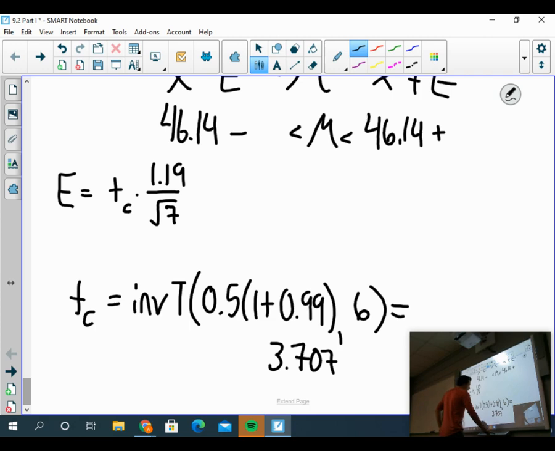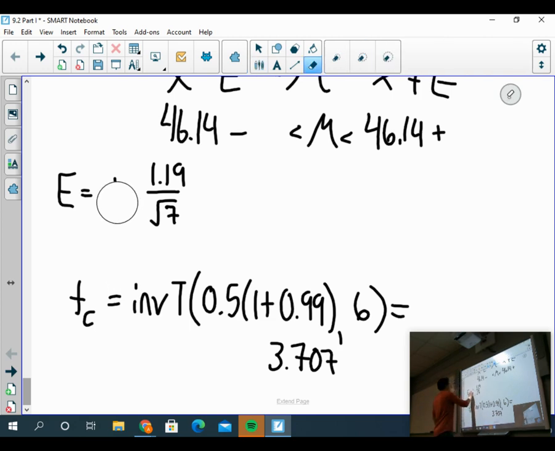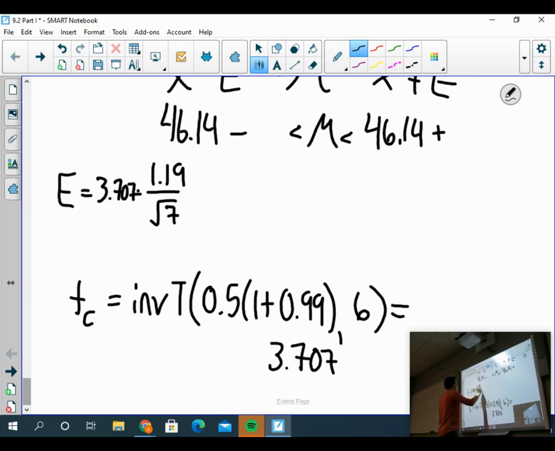So we are going to be multiplying 1.19 divided by the square root of 7, our sample standard deviation divided by the square root of the sample size, by our critical value. And that gives us a margin of error of 1.667.